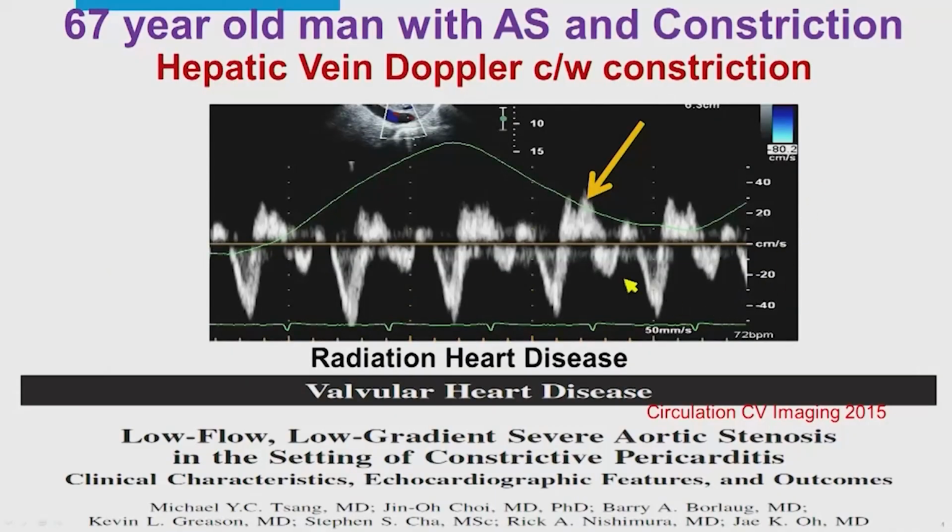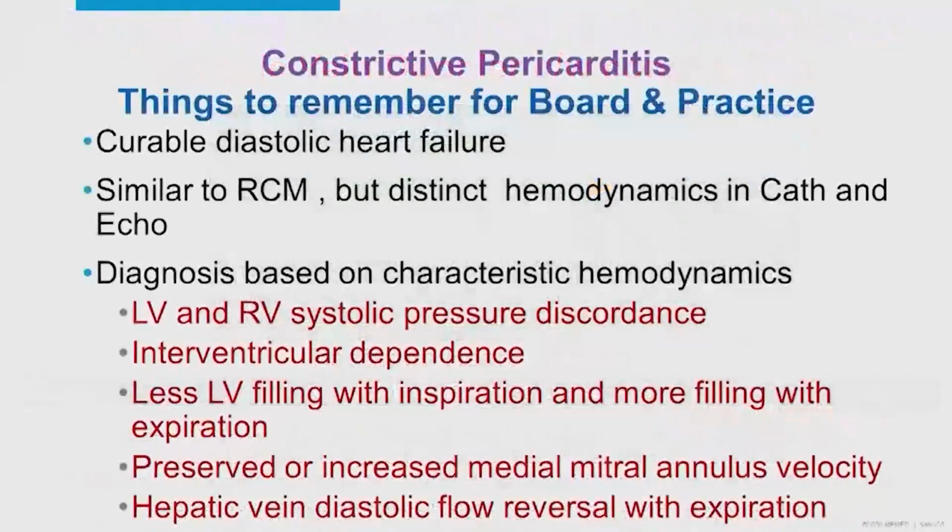When you look at the hepatic vein, there is a typical diastolic flow reversal of constriction. So this is a patient with radiation heart disease, which caused the valve disease and also the constrictive pericarditis. So we have to make sure that we discover this disease, which can sometimes be quite challenging in our clinical practice.